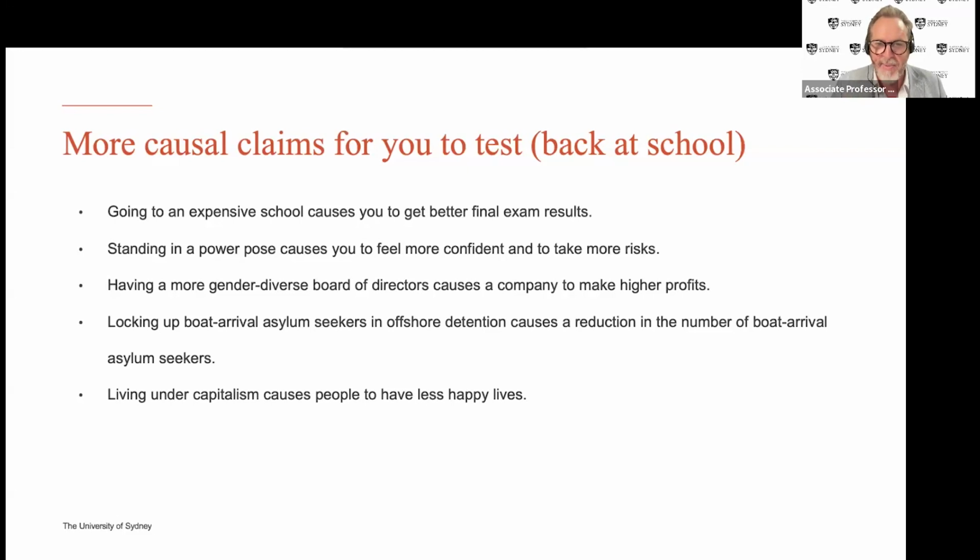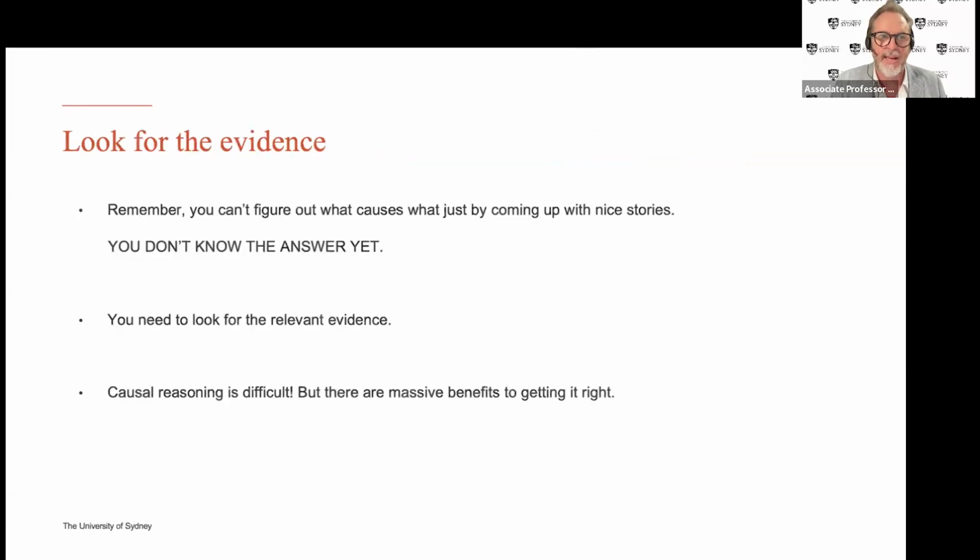And what I'm recommending here is you test them not by sitting around and telling stories about them, but by trying to come up with a structured causal argument where you are working through the alternative possible explanations of an observed correlation and seeking evidence as to whether one of those alternative explanations is the correct one, or whether, in fact, it's more likely that A goes with B because A is causing B.